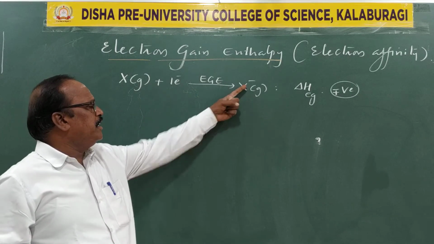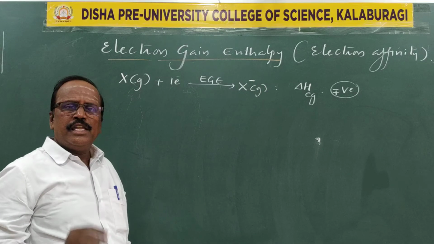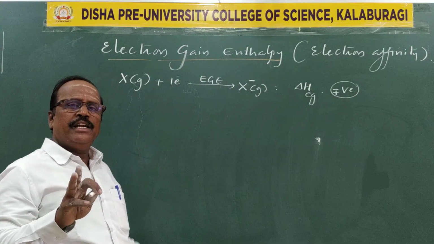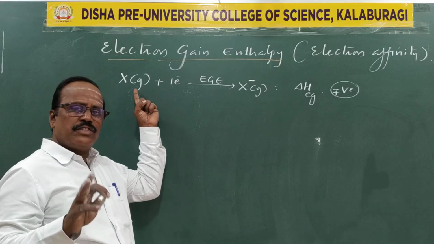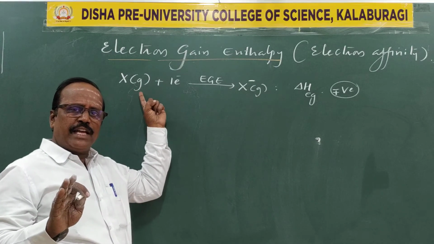As a result, it becomes an X minus ion. An anion is formed here.